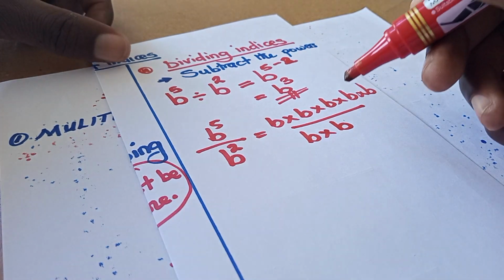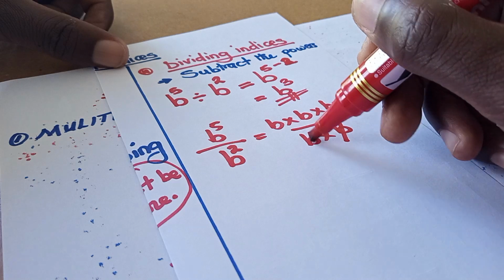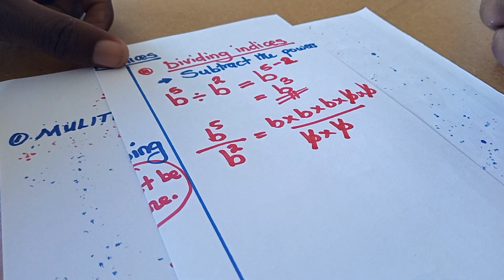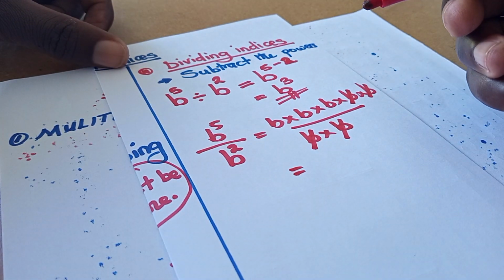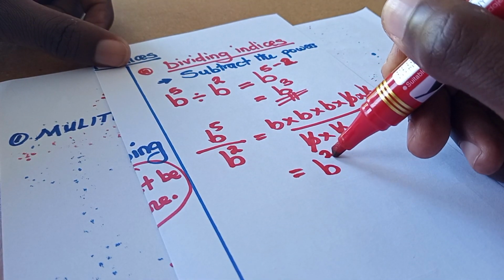So we can cancel here. We cancel this b, we cancel that b, we cancel this b, we cancel that b. How many b's are we remaining with? 1, 2, 3. So b to the power of 3.